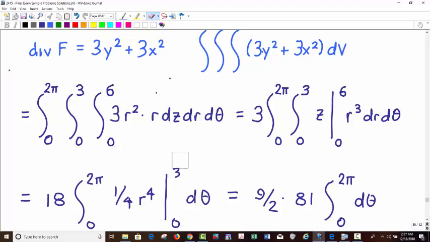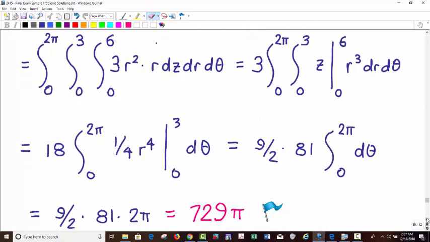And then we take the antiderivative of r cubed, integral of r cubed with respect to r. So that's 1/4 r to the 4th, put in 3, put in 0. And 18 times 1/4 is 9/2. 3 to the 4 is 81.